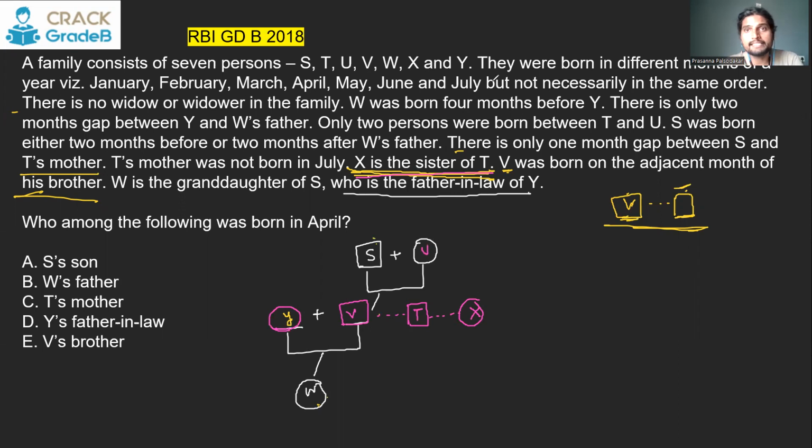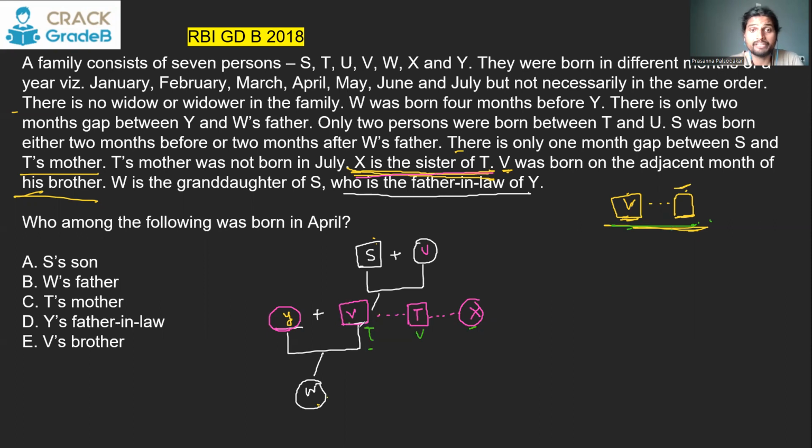So one of the possible cases is this, or this could also happen, that this person is T and this person is V. Because it says V is the brother of another person. V has a sibling, which is male, and yet X will be sister of T. That will also be true. So let's keep this on hold for now. But otherwise, V, Y, X, and W are fixed in their positions.